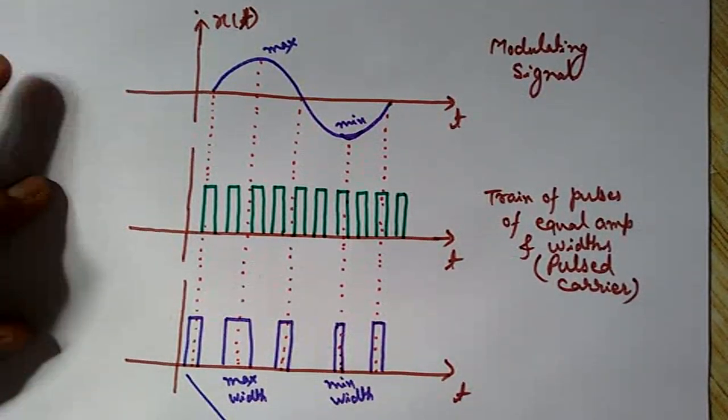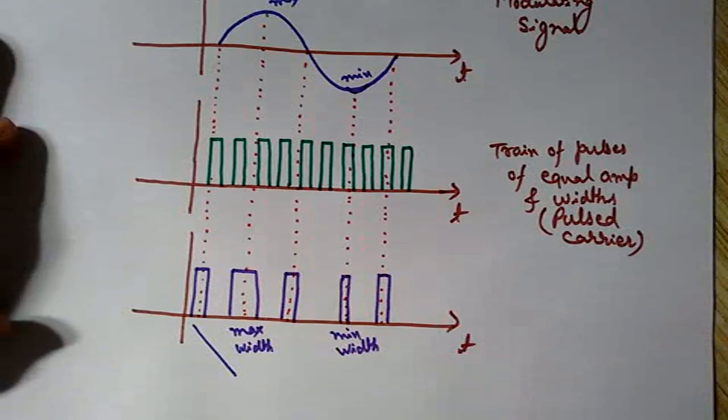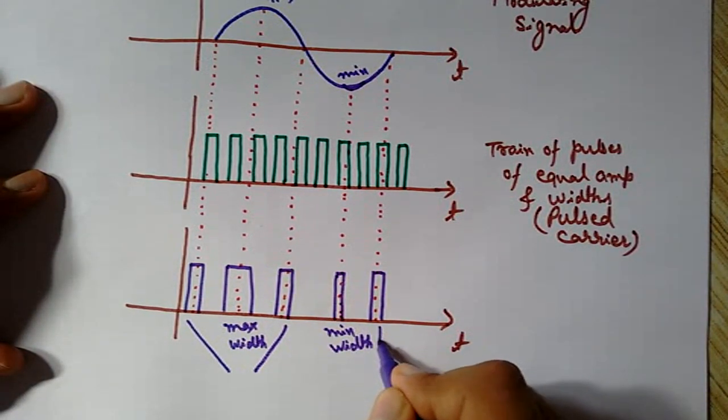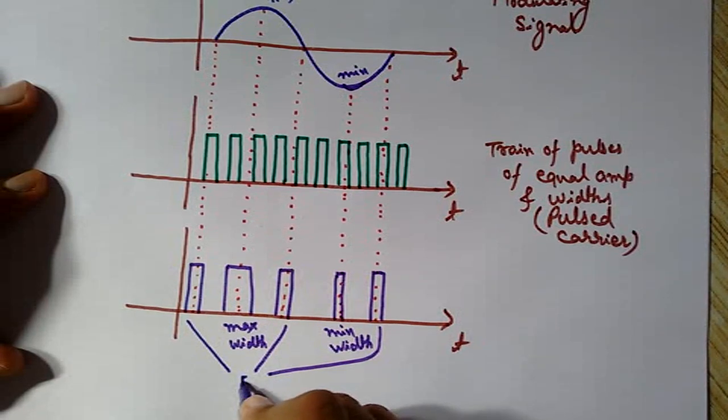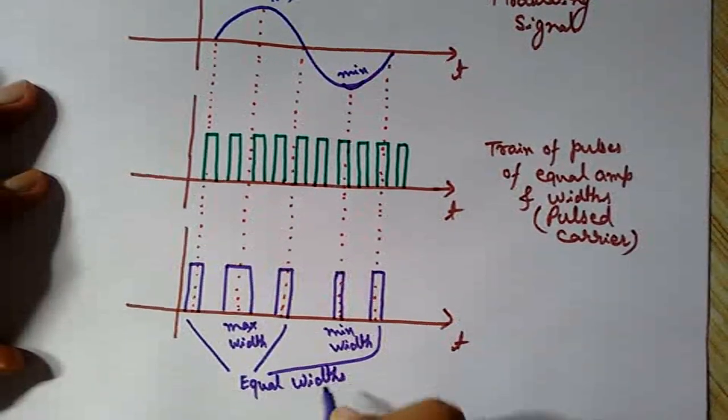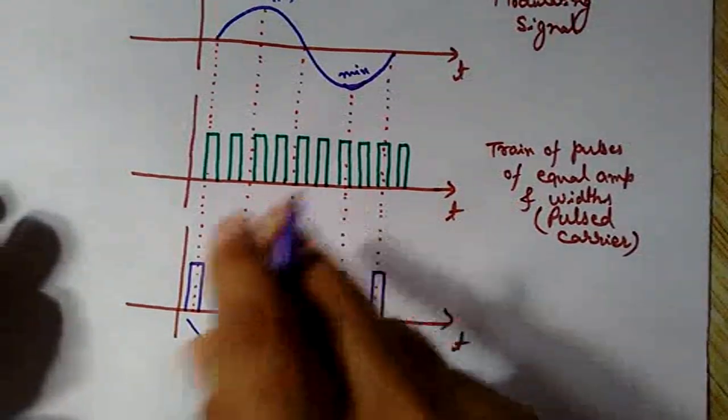Okay, and at these 3 points, this and this, have equal widths. We have equal widths at these 3 points.